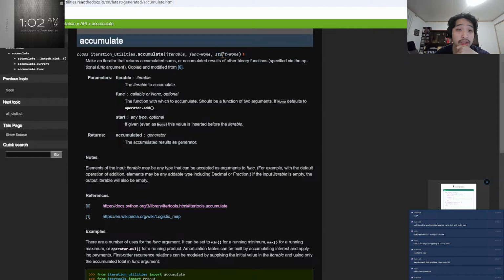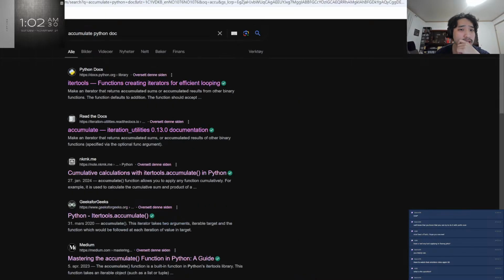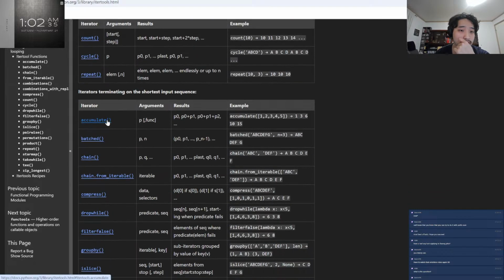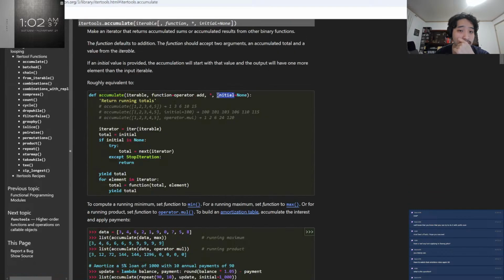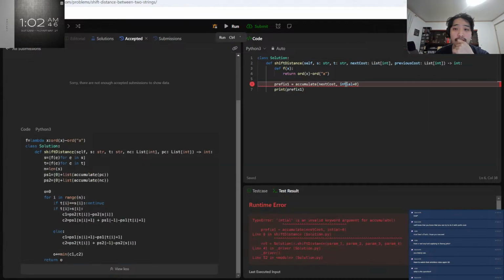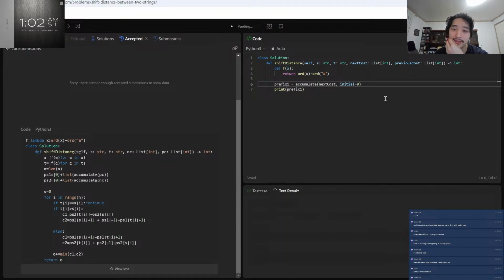Start. Okay. It gives an evenness before the iterable, but I saw something else. Oh, it's from itertools, because here it has initial. Did I miswrite it? Initial. I can't write, apparently.